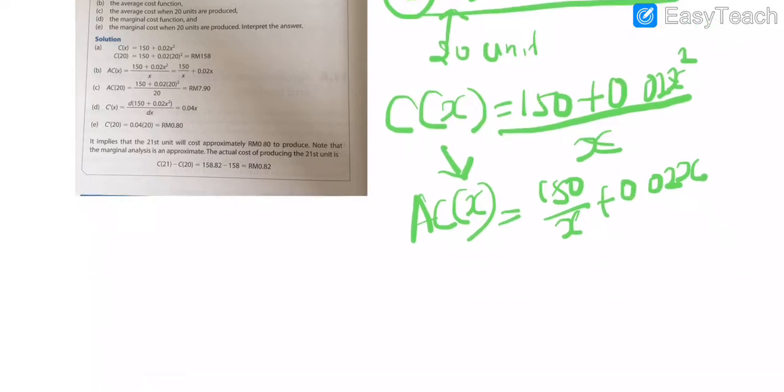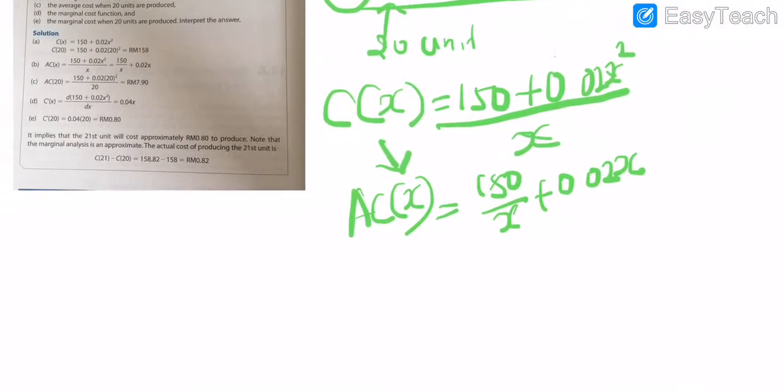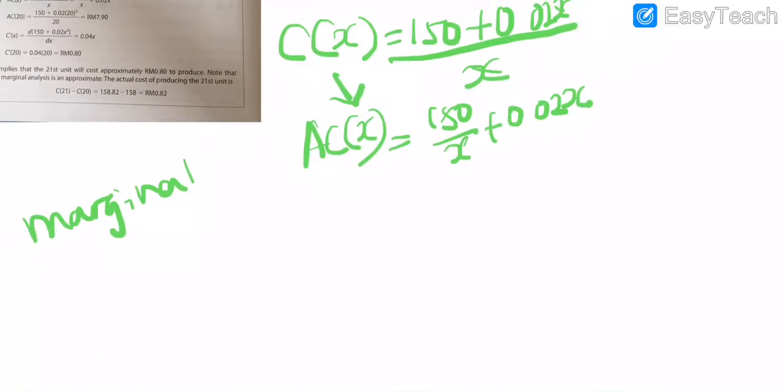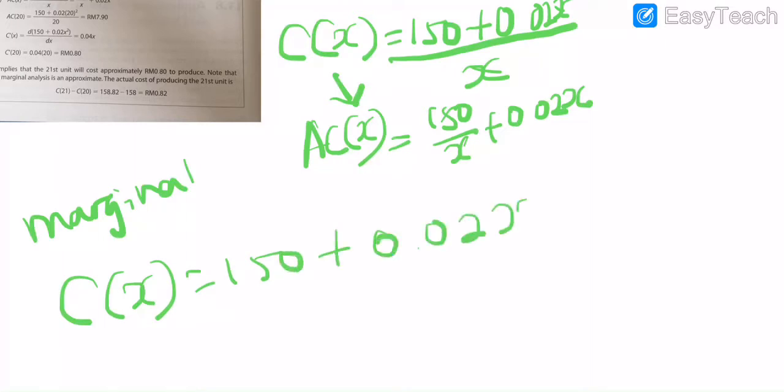Okay, now let us look here again. Now the question here is the marginal cost function. When the question talks about marginal, meaning to say that you have to differentiate the function. How do you differentiate? Look at the function here. So this is the total cost function, right? 150 plus 0.02x power of 2.